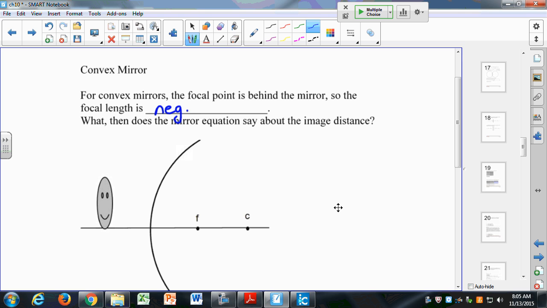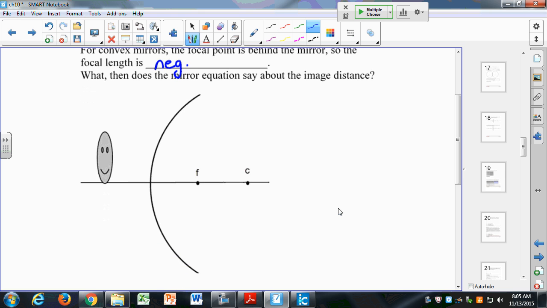If the image distance is back there, it's a virtual image, it's a negative value. If the focal length is back there, it also has a negative value. So if the focal length is negative, think about our lens equation. 1 over f equals 1 over q plus 1 over p. If this value is negative, what does that tell us about this value? It has to be negative.